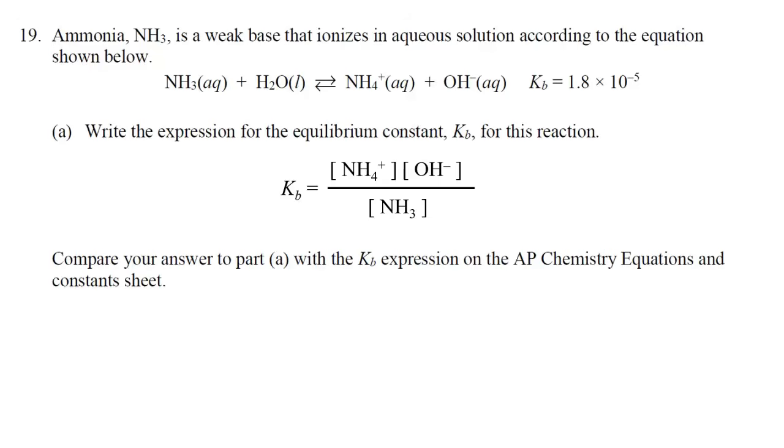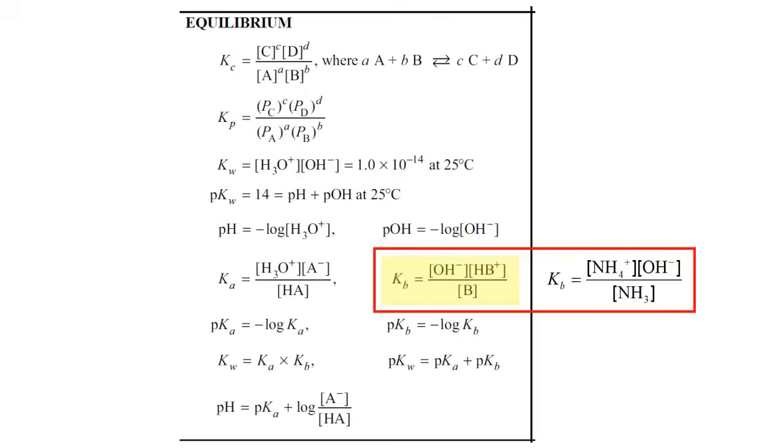Let's compare the answer to number 19, part A, which is the Kb expression for the weak base ammonia, NH3, with the generic Kb expression for any weak base that we can see on the AP Chemistry equations and constant sheet. So take a look.